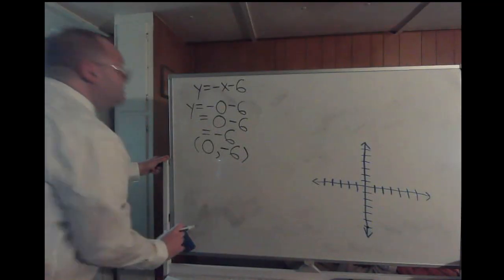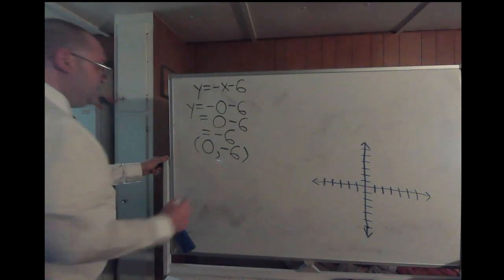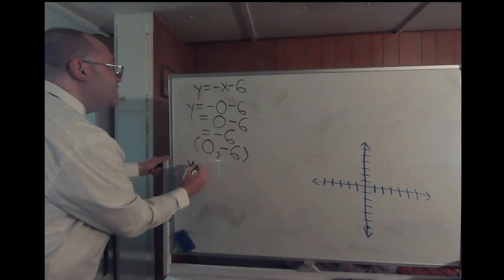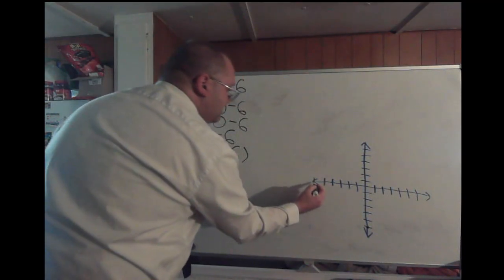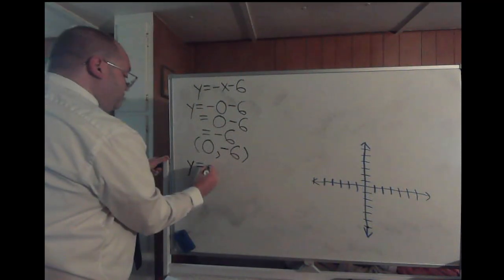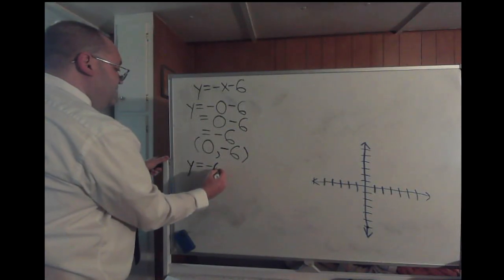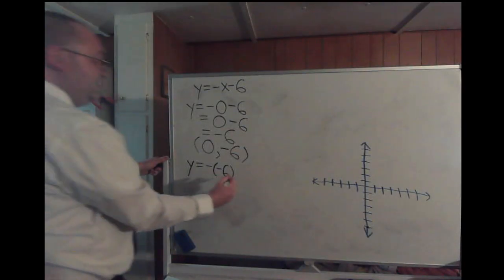Alright, negative 6 would be about out here. Let's do x equal to negative 6. So we'll do negative of negative 6 because we're putting negative 6 in for x.